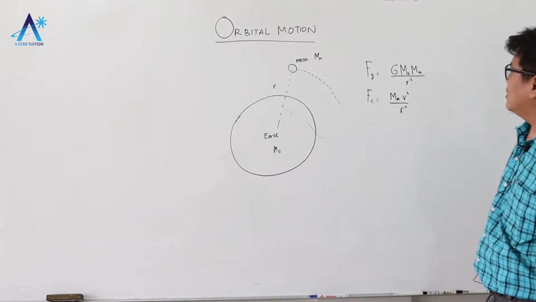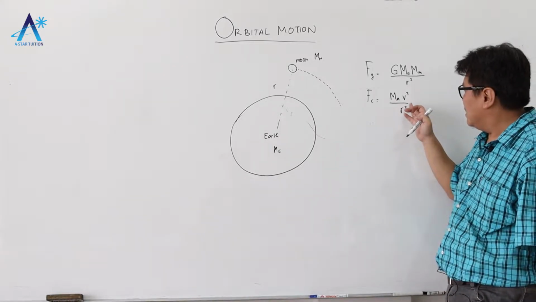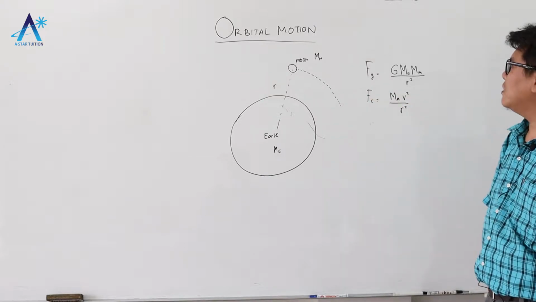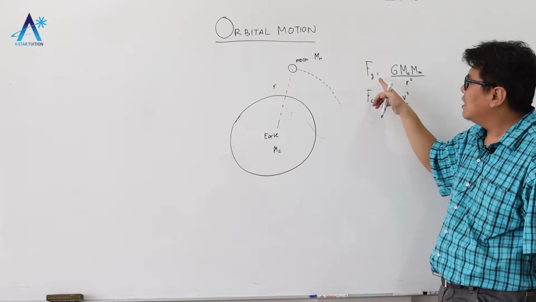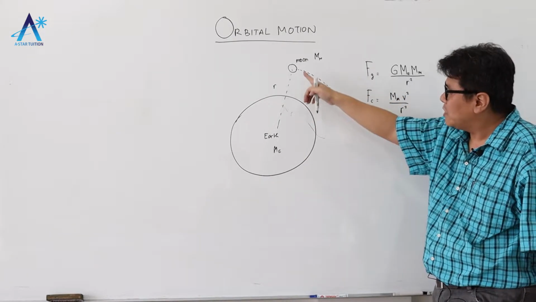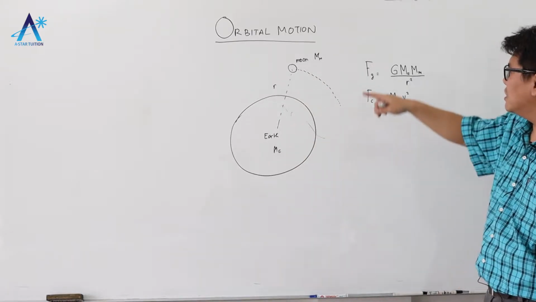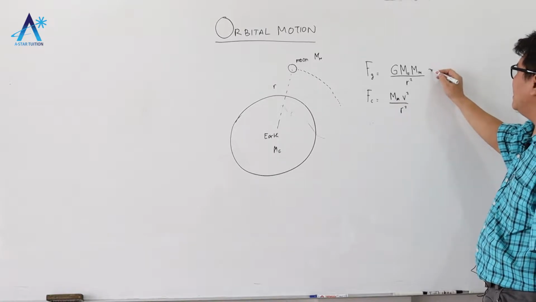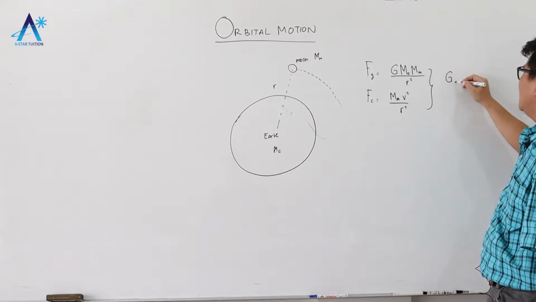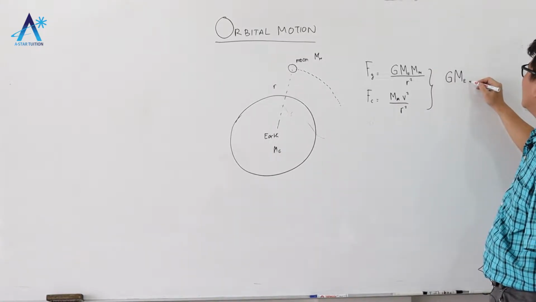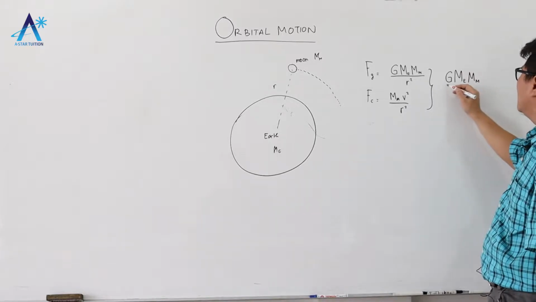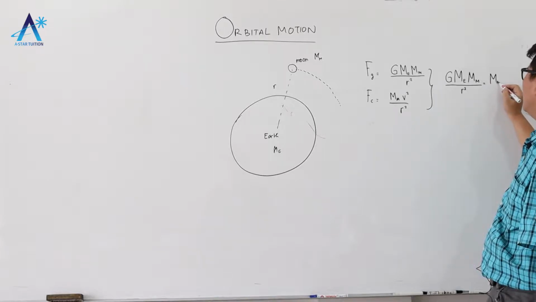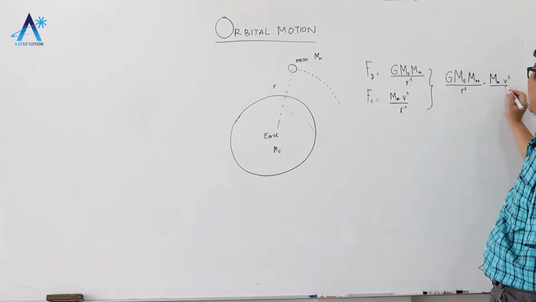For the moon, the gravitational pull from the Earth is what causes the moon to orbit around it. So therefore we set these equal to each other: G M_E m_m over r squared equals m_m v squared over r.